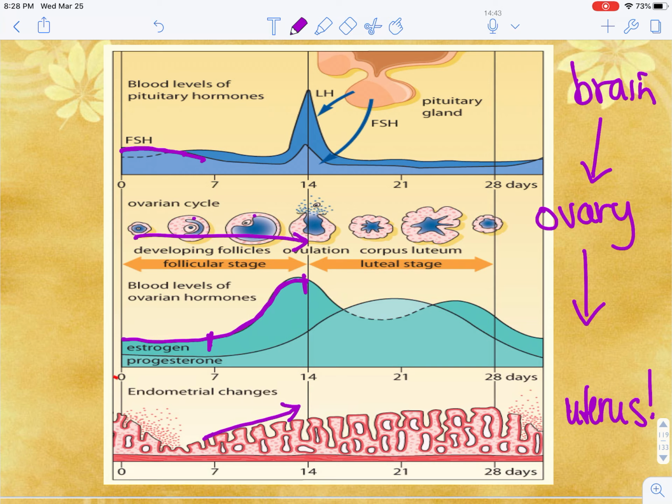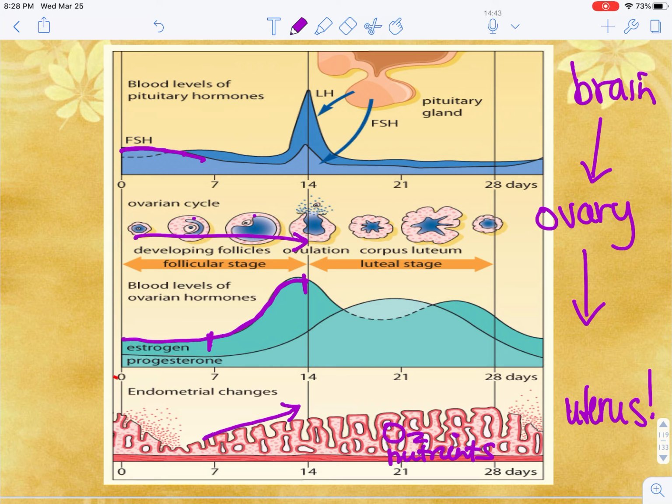This inner lining of the uterus, called the endometrium, will be where the little fetus can be supplied with oxygen and nutrients for its entire developmental stage during pregnancy.